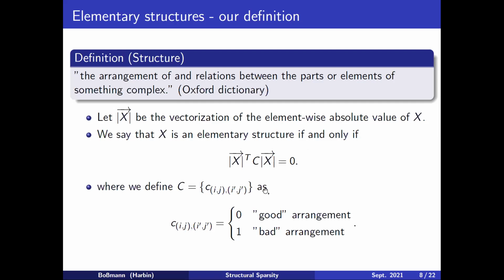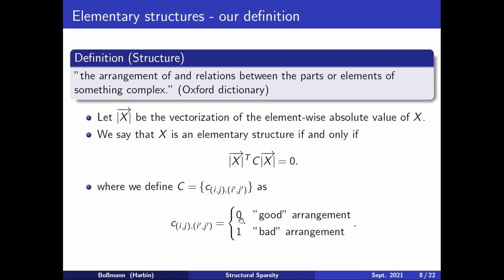The coefficients of the matrix C use double indexing, because this gives a relation between indices of our matrix X. So the coefficient C, ij, i prime, j prime gives us the relation between the ij entry of our matrix and the i prime, j prime entry of our matrix.